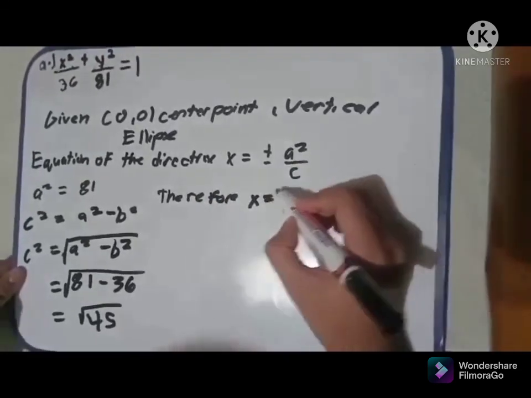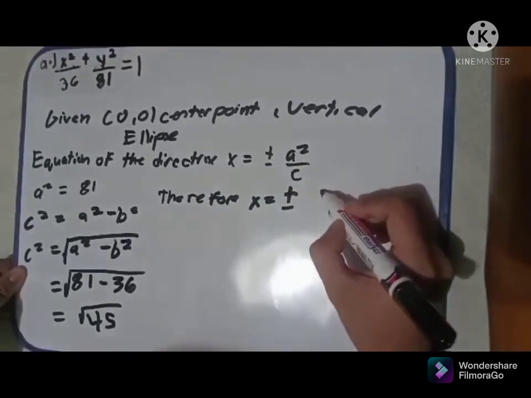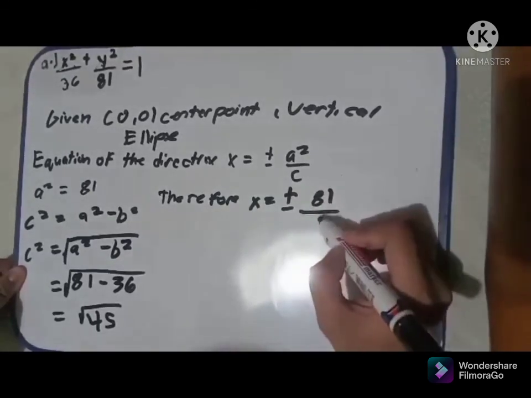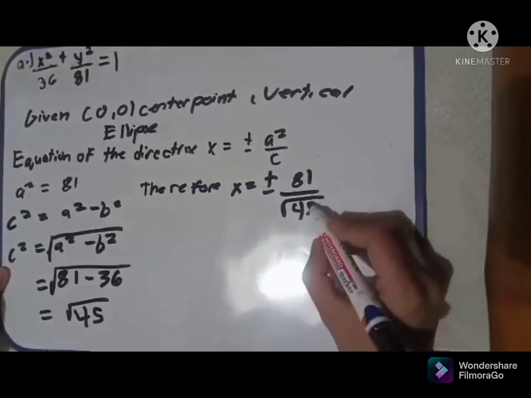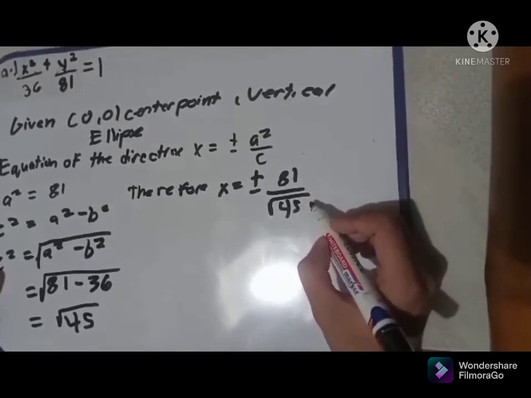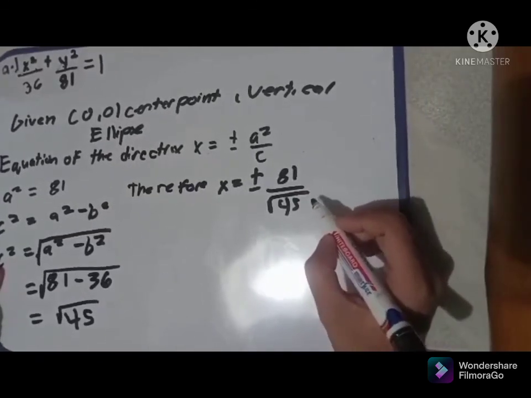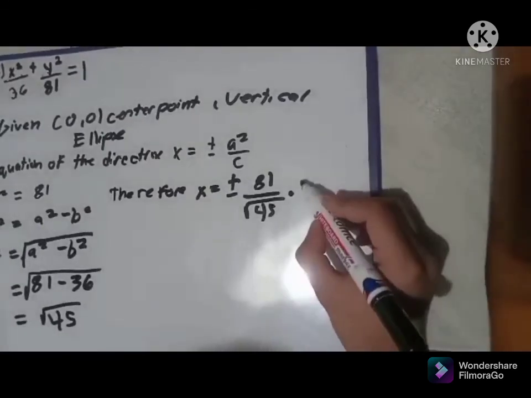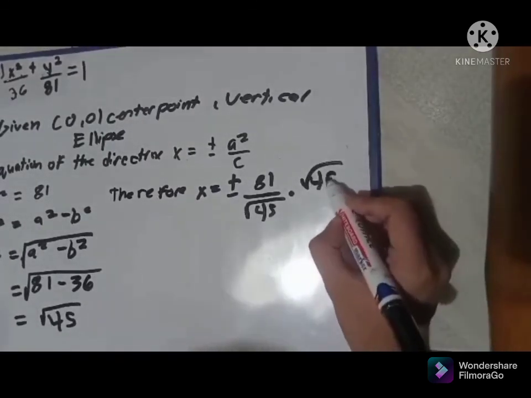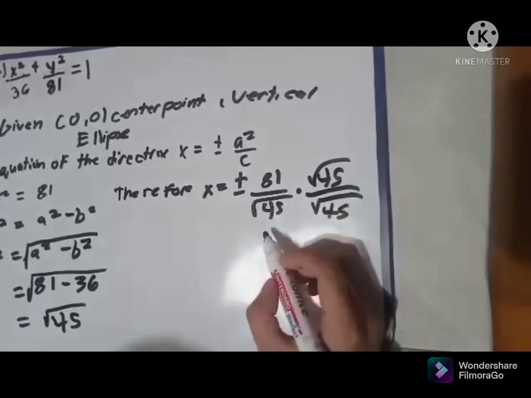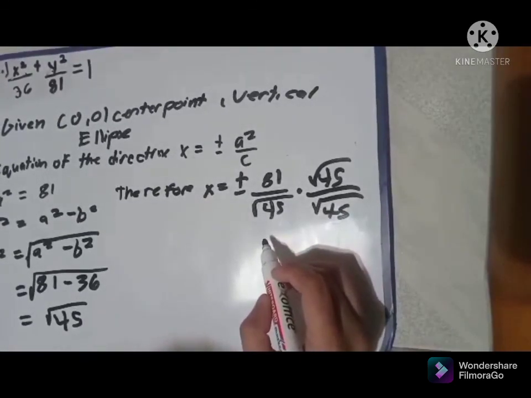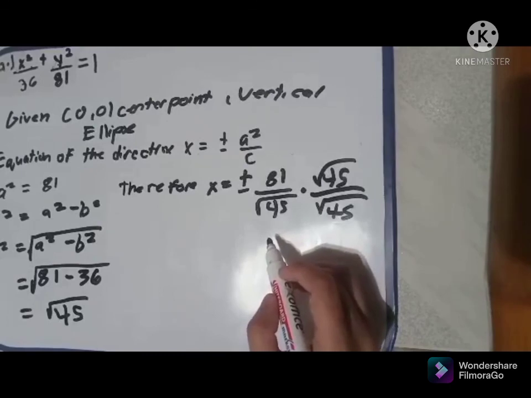Therefore x equals plus or minus 81 over square root of 45. We will have to rationalize by multiplying by square root of 45, so that cancels the square root below.